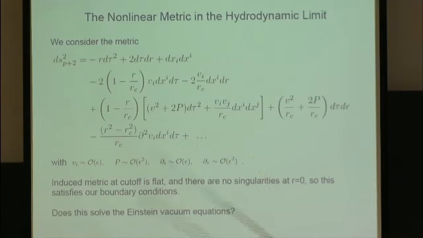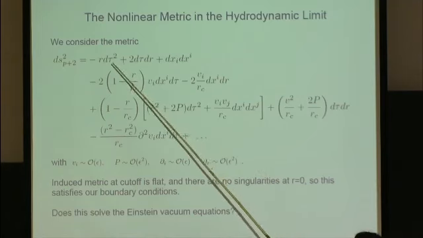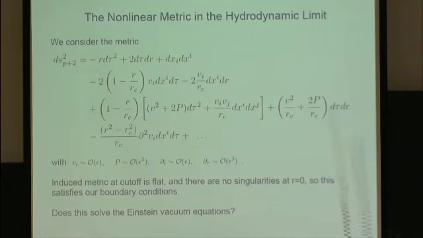So the induced metric is really just this plus this, and so it's clearly flat at r equals r_c. So it satisfies our boundary condition there, and then we also see there aren't any singularities as you go towards the horizon at r equals 0. So this satisfies our boundary conditions, so a metric of this form could be the thing that we're interested in. We'll have to check, and we'll do so on the next page, that this solves the Einstein vacuum equations.